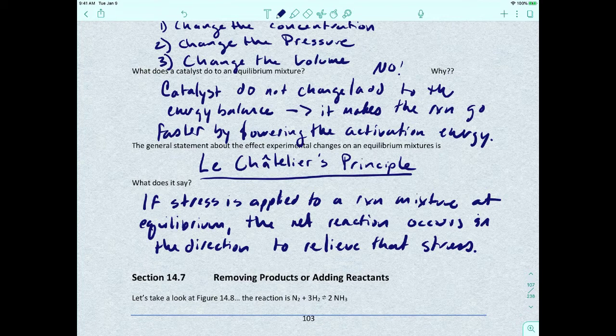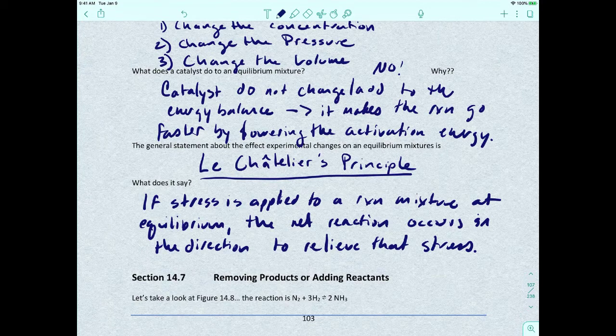Just like people, when you get stressed out, you do something that allows you to alleviate that stress, albeit temporarily. Chemical reactions behave the same way as people do. When a chemical reaction is stressed, it finds a way to alleviate that stress.